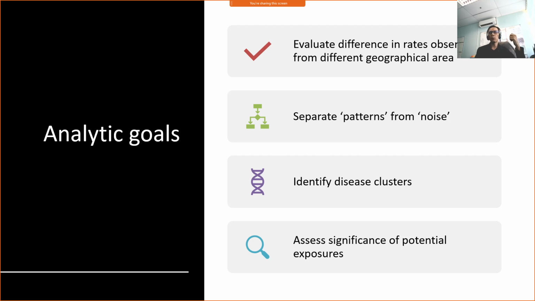For example, smoking, maybe vaccinations, and you can see the effect of smoking on the distributions of cancer cases, the effect of vaccination on the distributions of some infectious diseases. You can also do that. The last one, assessing the significance of potential exposures, is basically analysis in geostatistics, or geostatistics analysis.